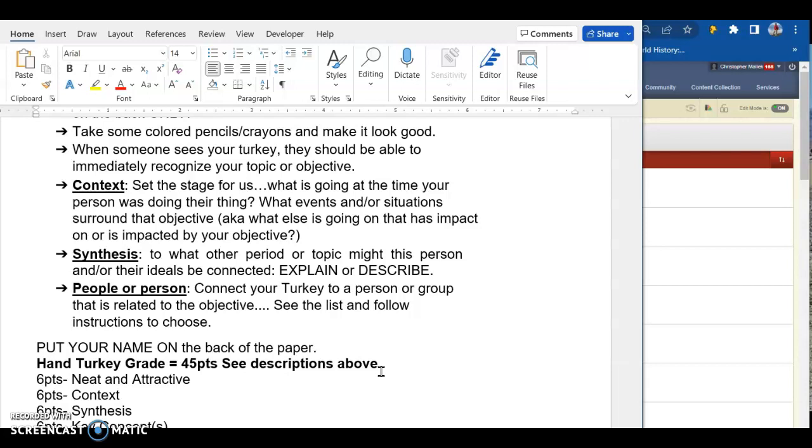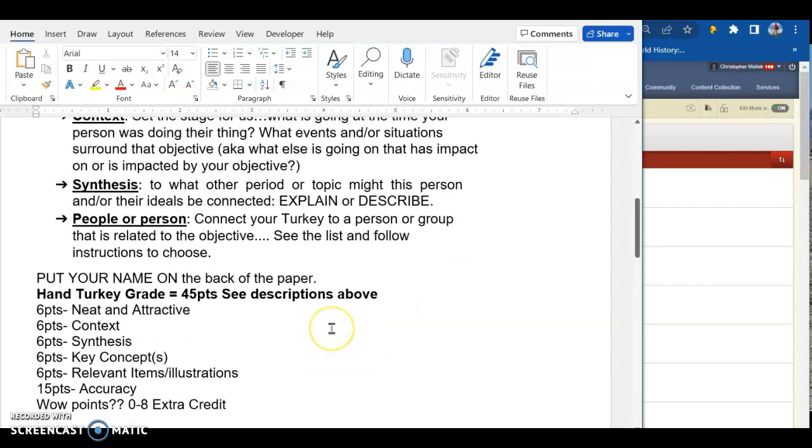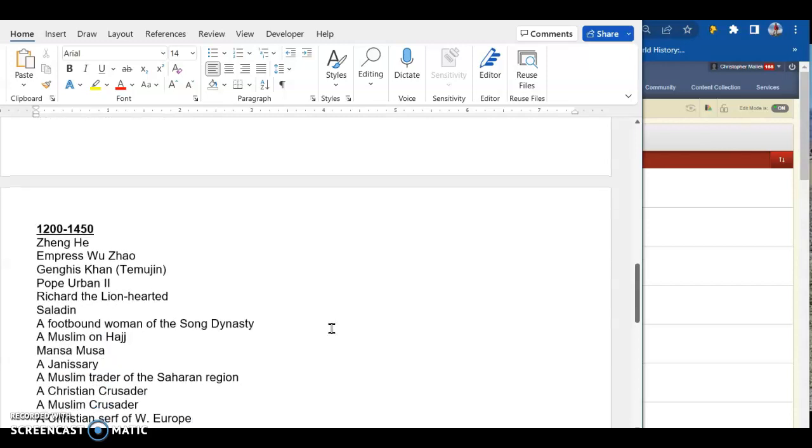Again, you get the idea. But I could connect that to the feudal order that happens later on, and perhaps even the rise of absolutist kings in the 1700s. That would be synthesis, making some connections. Of course, for the people you're representing, you are connecting this strongly to that group. And again, the list is below.